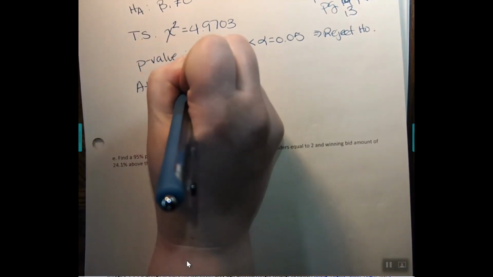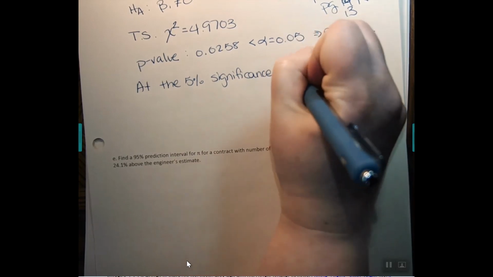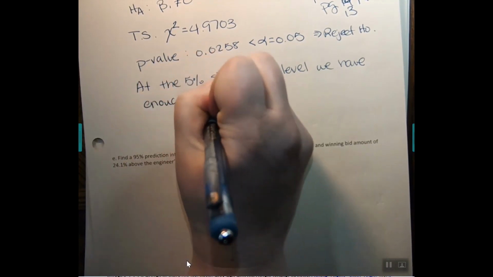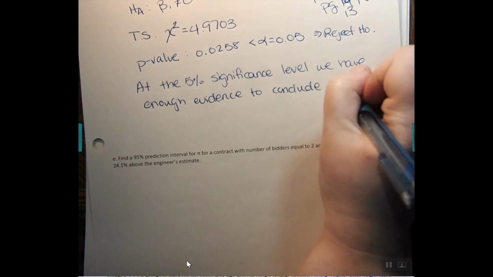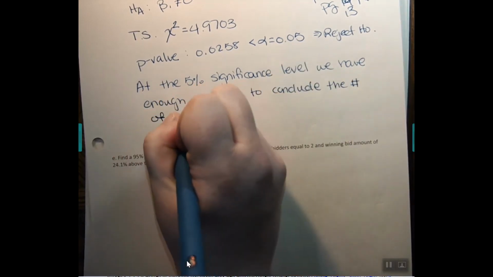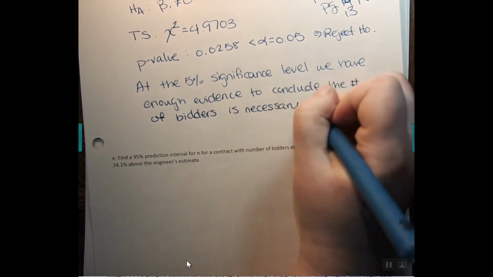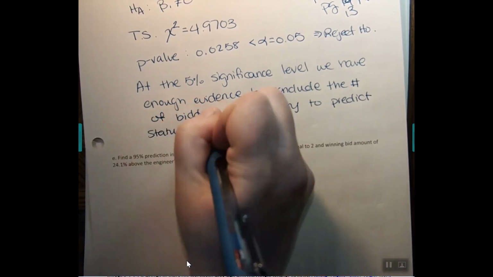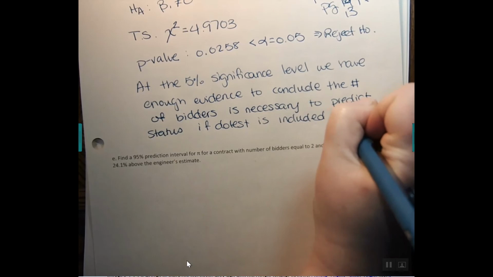But either way, we can say at the 5% significance level, we have enough evidence to conclude the number of bidders is necessary to predict status if do test is included in the model.